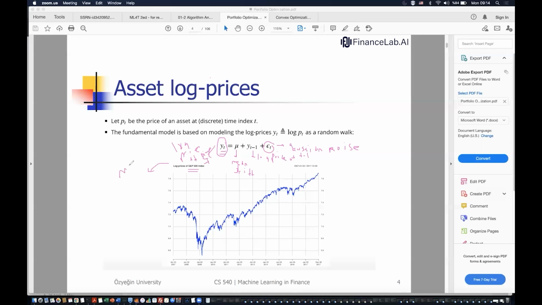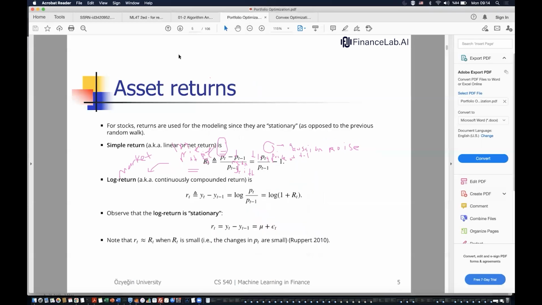People say, for instance, the market is up when the S&P 500 increases, and the market is down when it decreases. It's a representative index of the US market. Again, the log prices are assumed to do a random walk, and asset log prices as a result are assumed to do a random walk.